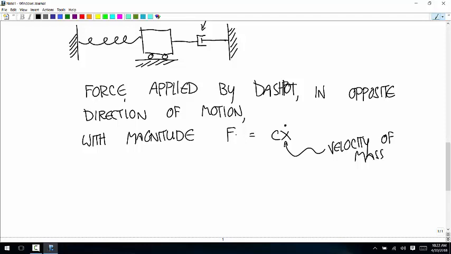Right, so a certain fluid has a certain coefficient C that's a measure of its viscosity, and you can look it up in a table.